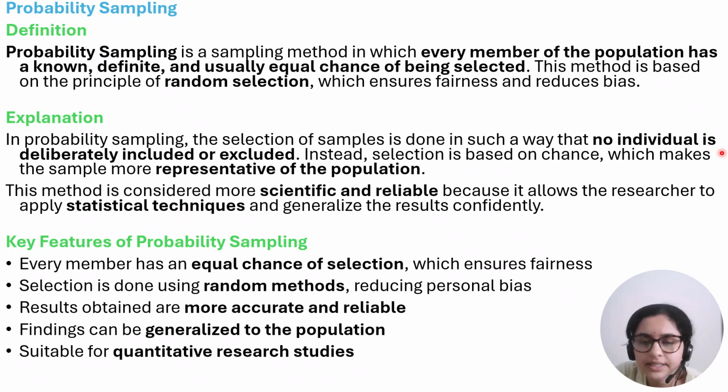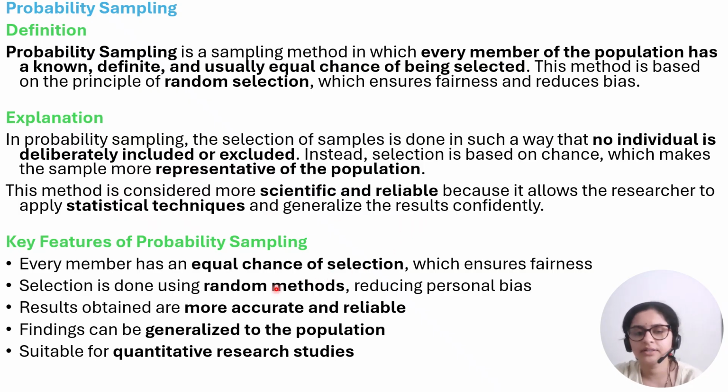It is done in such a way that no individual is deliberately included or excluded. So the researcher cannot show partiality, and it allows the researcher to be fair towards every member of the sample. This method is scientific and reliable.